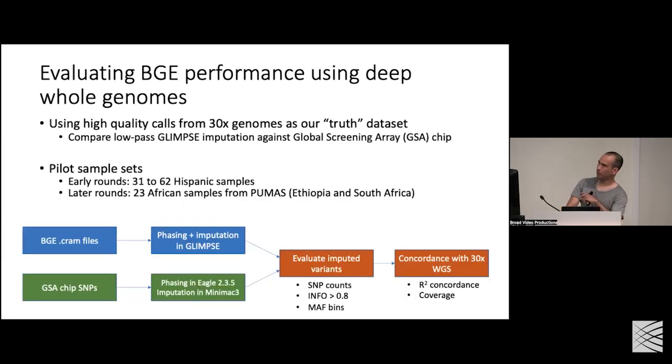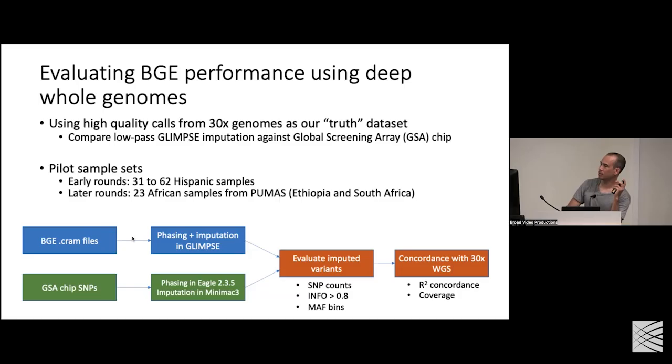So in these early iterations, what we used was just some deep whole genomes from quite small sample sets that we pretty much ran through the entire tubes across these iterations. We started with 62 samples, went to 31, ran out of all their blood, and took 23 samples from a different cohort.